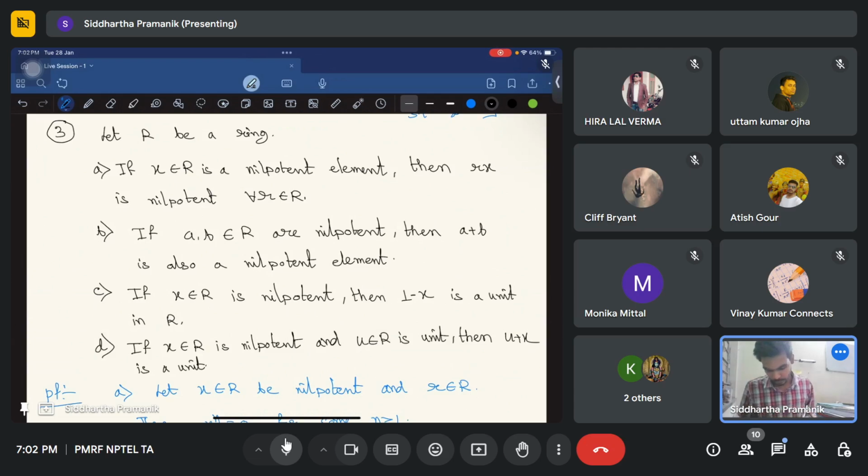Yeah. Sum of a nilpotent element and a unit is a unit. Can you prove this by using C?